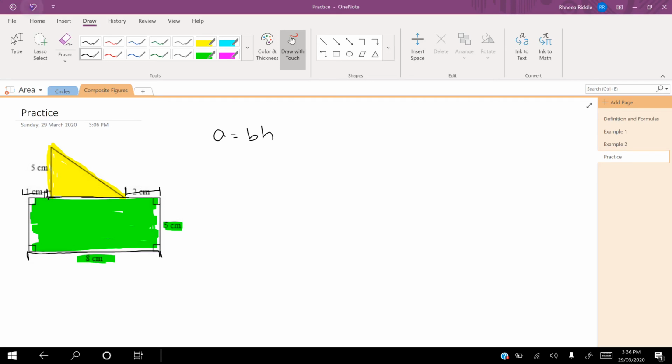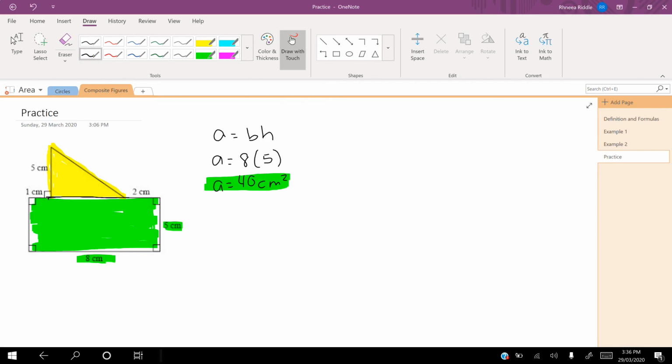So it's very important to remember. So A equals 8 times 5, and when you multiply 8 and 5, you get 40 centimeters squared for the area of that rectangle.